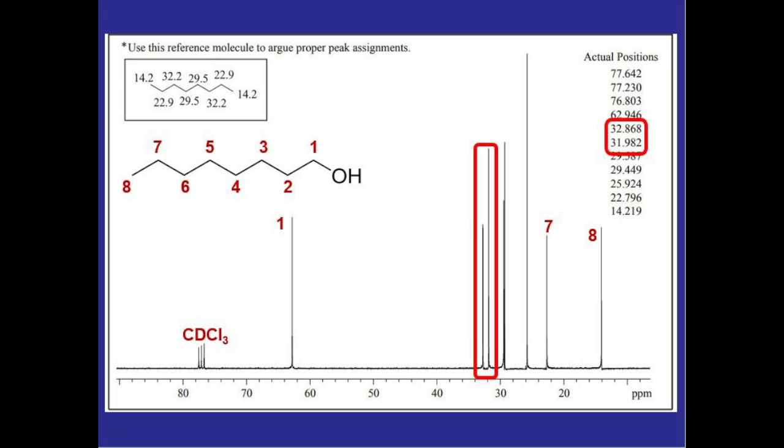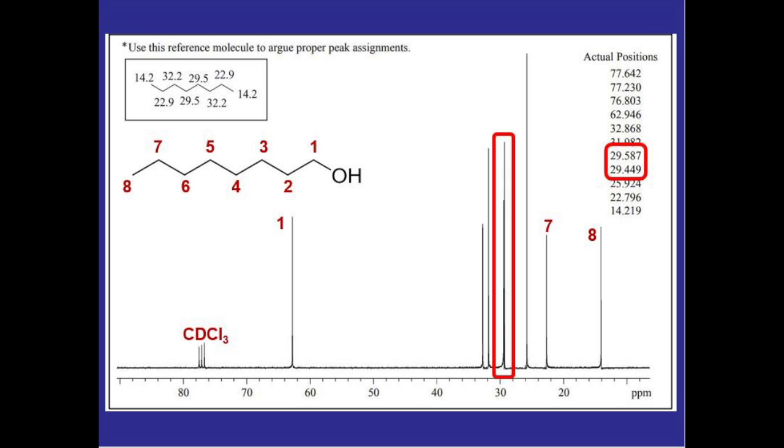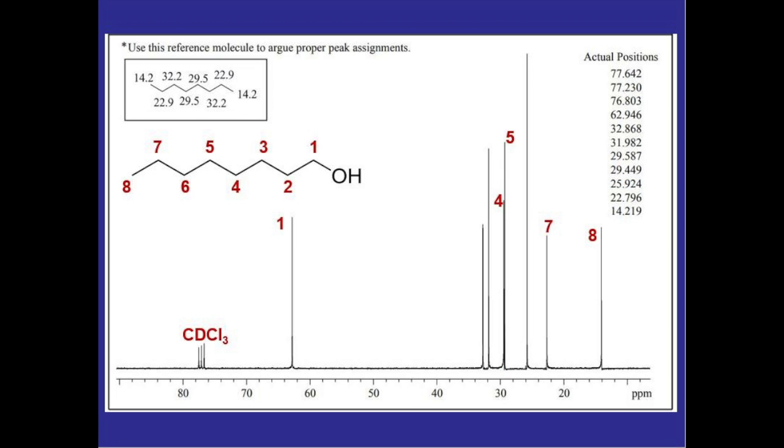But if we look at carbons 4 and 5, both of them are far enough from the oxygen where they wouldn't really be affected, and we'd expect to see both of them around 29.5. And just our luck, we see 2 peaks right on top of each other around there, so we can label those. Now 4 is on the side of the oxygen, so we can assume that it would be slightly more deshielded than 5, so we'll label it as such.